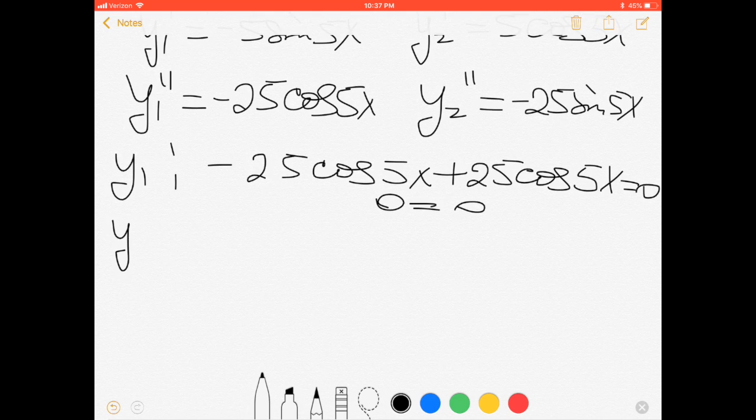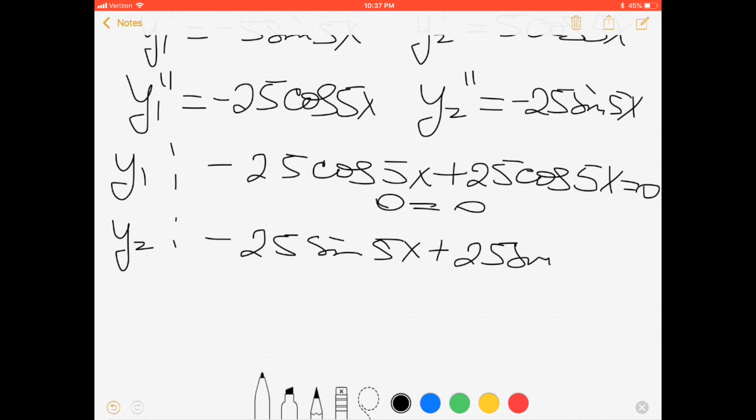Taking function y2. Taking y2, we have the second derivative, this means minus 25 sine 5x, and plus 25y2, this means plus 25 sine 5x equals 0. True?